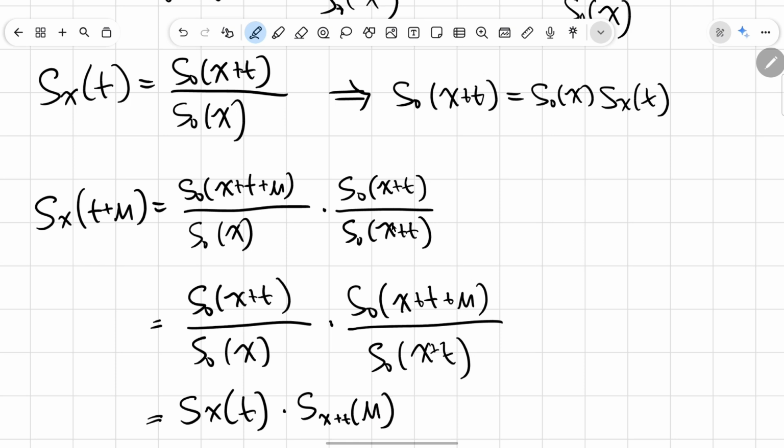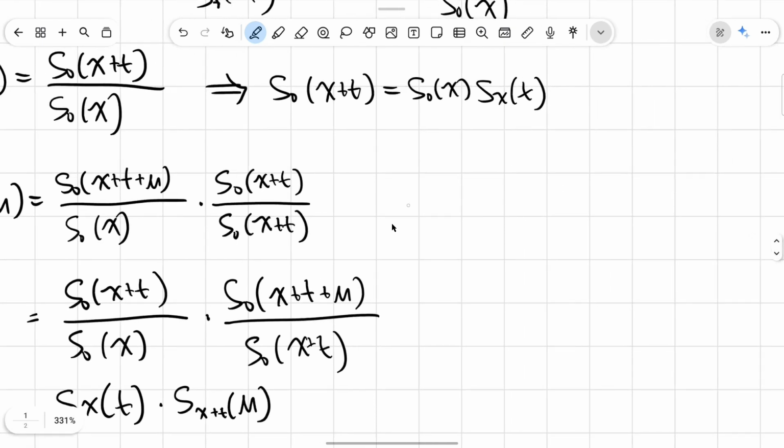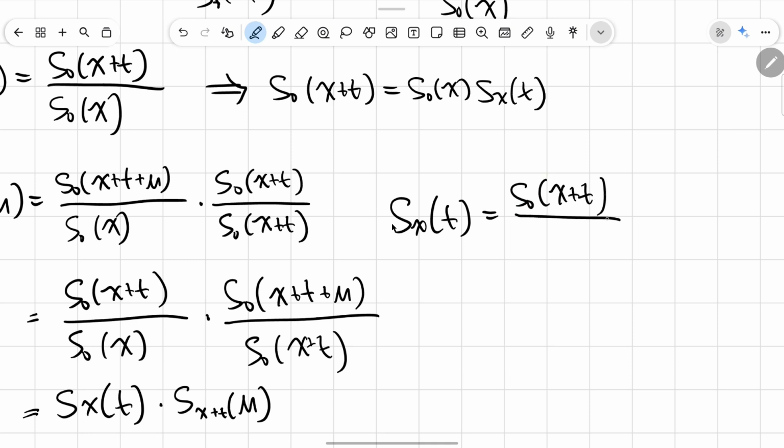If you didn't understand, again, we have the property that Sx of t is equal to S0 of x plus t over S0 of x.